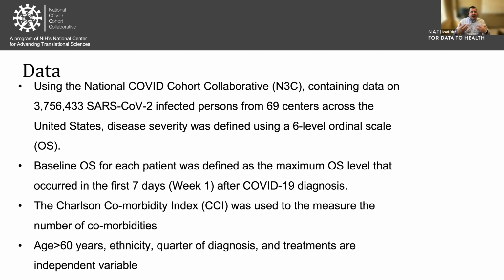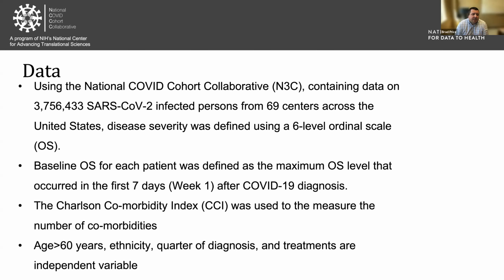So what you can think about that as saying is we broke up our study and our patients into cohorts. We split it up and said, okay, if you're an OS level 3, we're going to study you separately from an OS level 5, from an OS level 7, from an OS level 9 during week 1, because we thought your severity affected the treatment and the approaches clinicians would take, right? So we wanted to make sure we could study that.